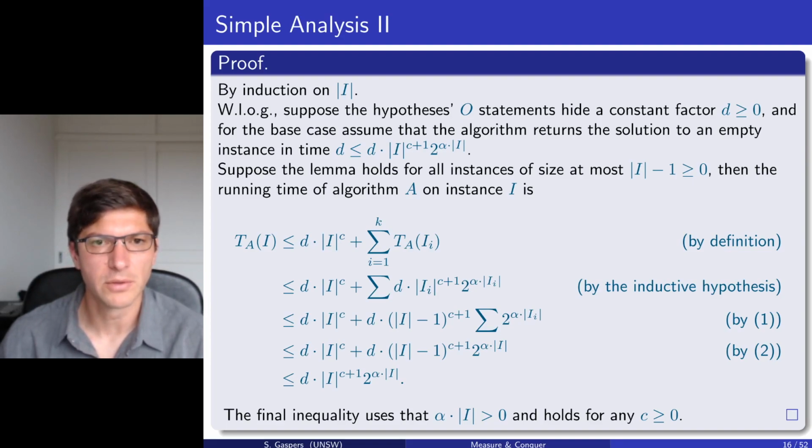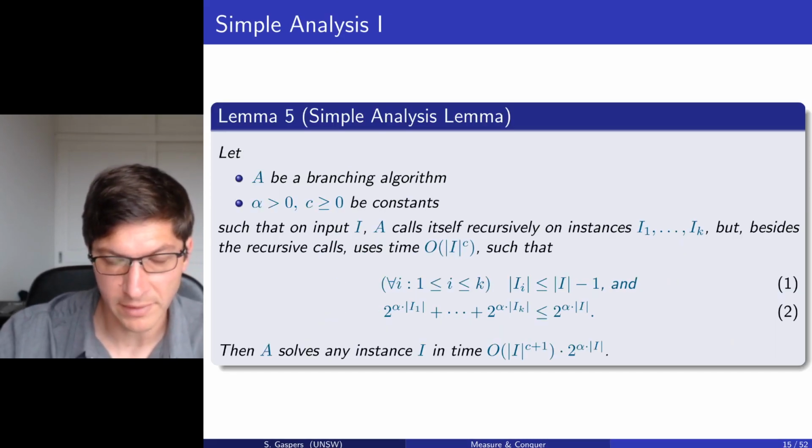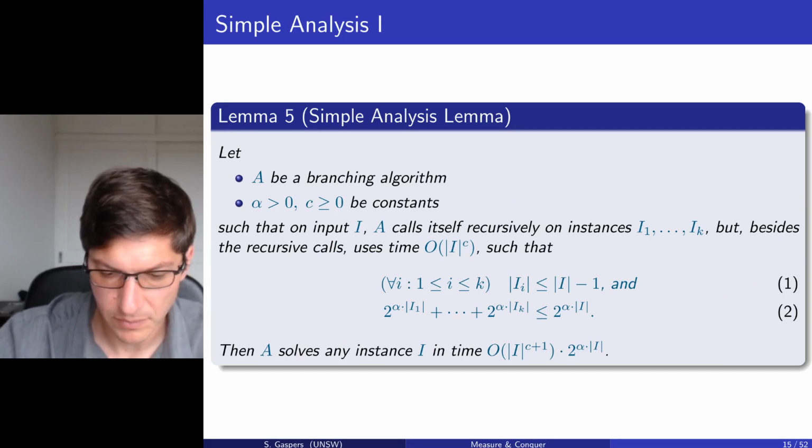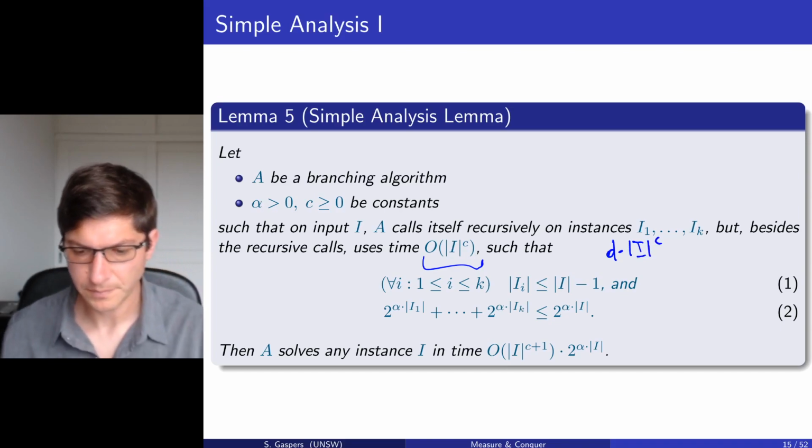And so the first thing we do is we replace the big O's by adding a constant factor, let's call it d. So instead of big O of the size of I to the power c, we'll say that the running time is d times the size of I to the power c.